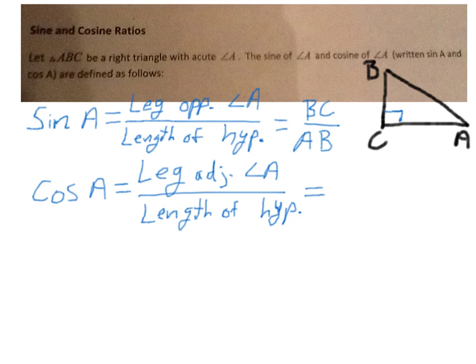Okay, so this is going to equal, let's try a different color here, AC divided by the hypotenuse. Once again, the hypotenuse is AB, so AC over AB. So that's the sine, opposite over hypotenuse, and the cosine, adjacent over the hypotenuse.